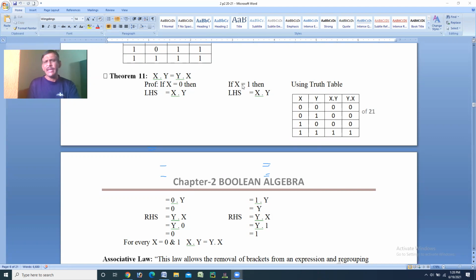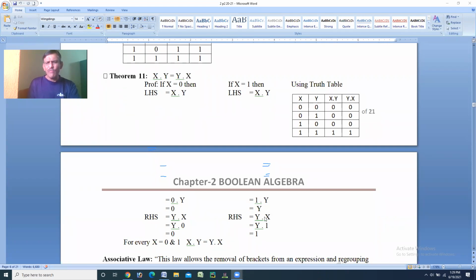The same way you can take it as if x equal to 1, then LHS equal to x dot y. So substitute the value of x as 1, so that is equal to 1 dot y. That is nothing but y, by AND relation again. So now take the RHS and check out. So y dot x.